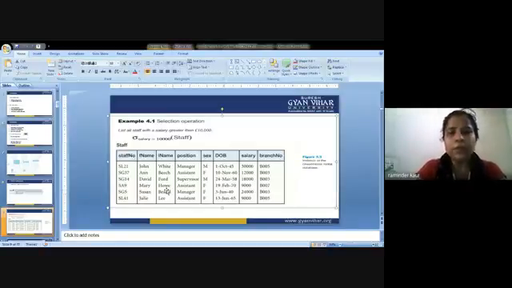Next are the various records, so that these attributes can be justified. Staff number is represented here, first name, initial name, position is mentioned here, gender is specified here, then date of birth, salary, and branch number.